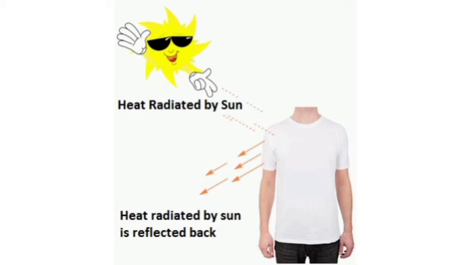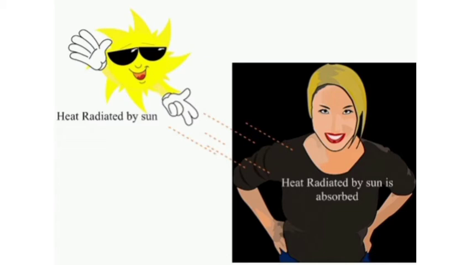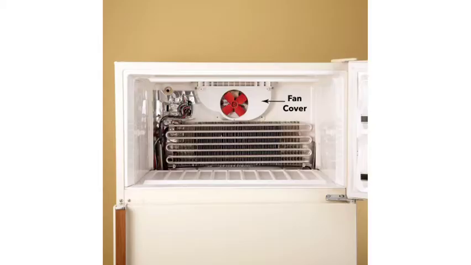We wear light colored clothes in summer because they reflect most of the sun's radiation and absorb very little heat, so they keep us cool. We wear dark colored clothes in winter because they absorb radiation and keep us warm.